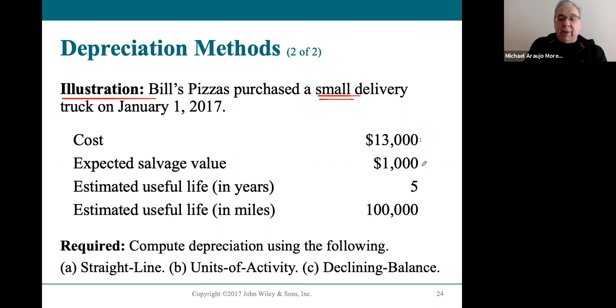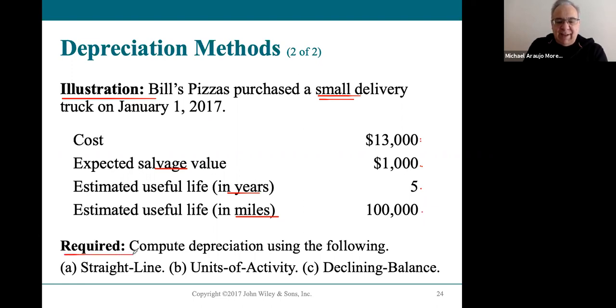After which they think it's going to last them 5 years. So its useful life is in years listed here. After which it's only going to be worth about $1,000. That's the salvage value. If they looked at the useful life in units, they think they're going to get 100,000 miles out of this truck before it's not going to be useful for their business anymore.